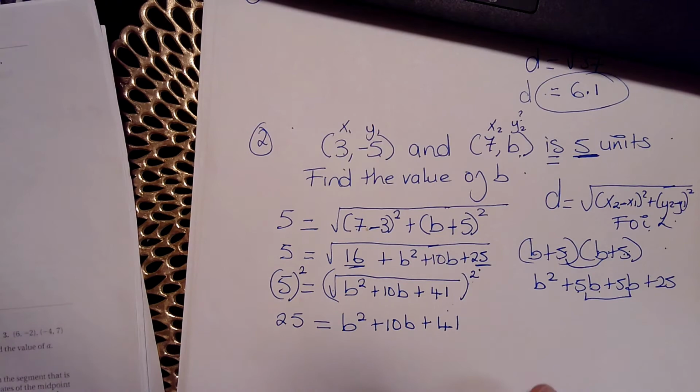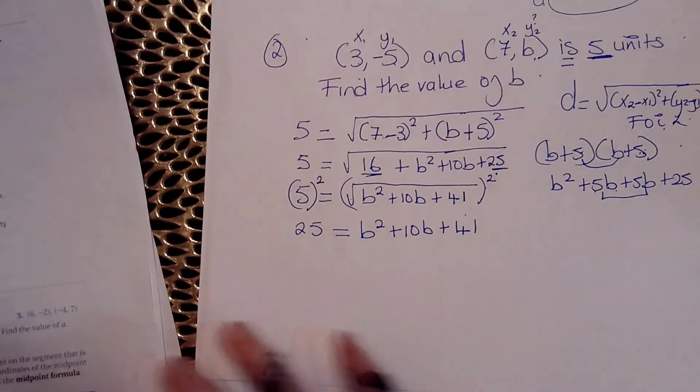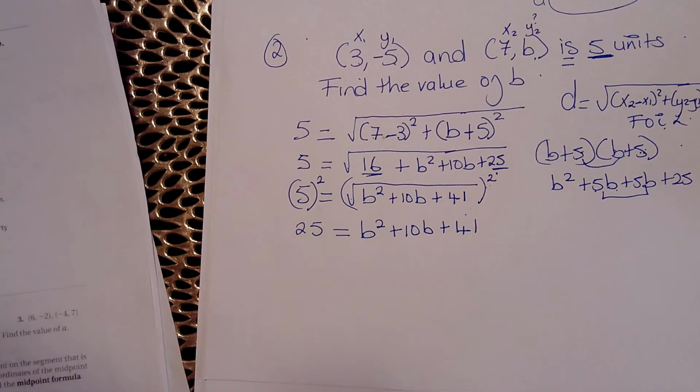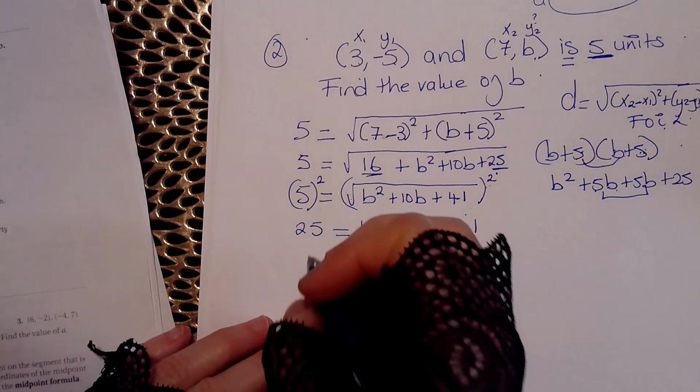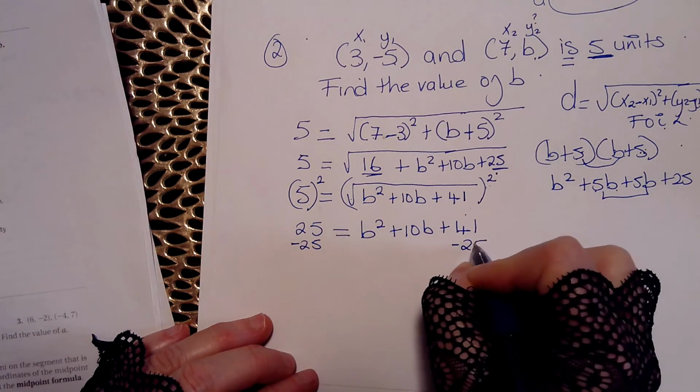Okay, so let me move this up a little bit. Here we go. Now it's definitely looking like a quadratic, so I'm going to set it equal to 0. I'm going to subtract 25 from here.